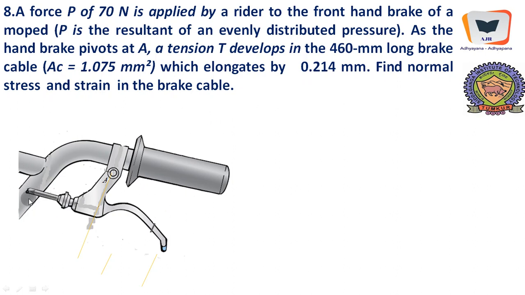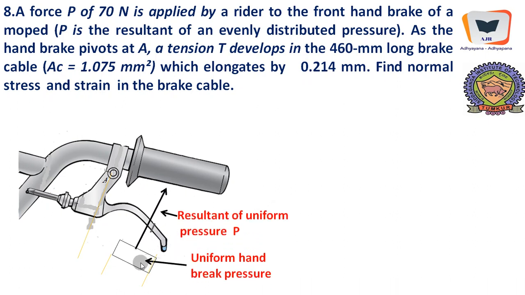Of course, in this figure we cannot see the cable because the cable is provided with a sheath, but it runs over here. When uniform hand pressure is applied through our palm, this pressure can be seen as a total force going in this particular direction, and this will cause some kind of a rotation over here and a tensile force in this cable.